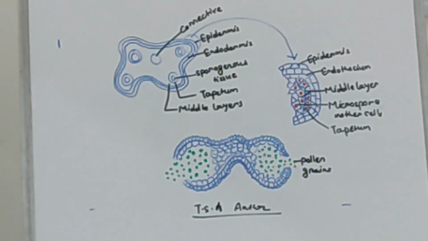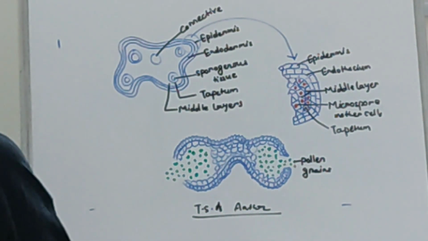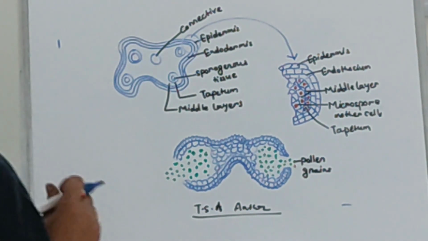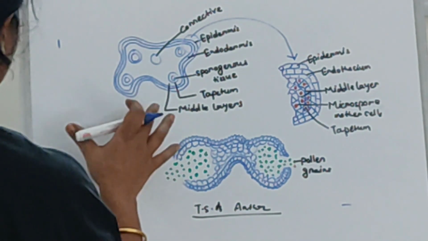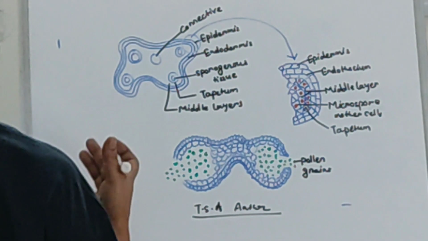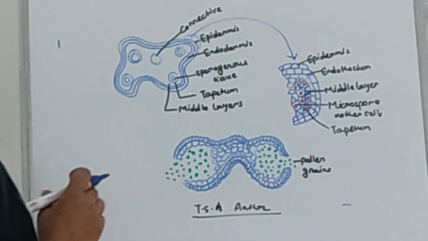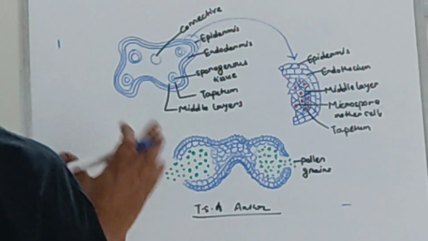Now let us see the structure of a transverse section of an anther. Earlier we have seen the structure of an anther. Now see the transverse section. We know that in angiosperms the anther is bilobed.